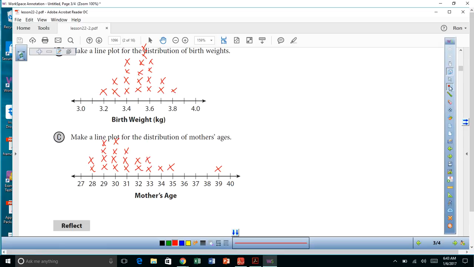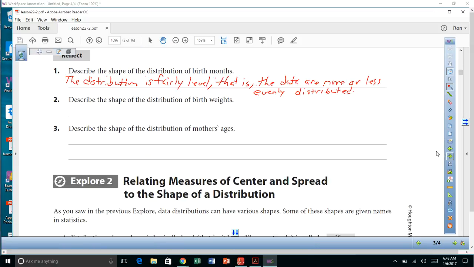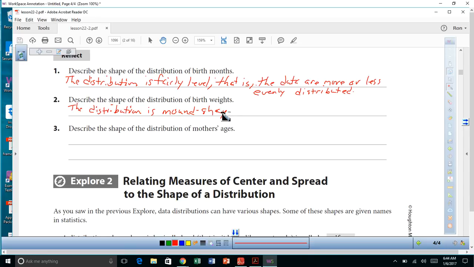Yeah, mound shaped and symmetric. The distribution is mound shaped and symmetric.